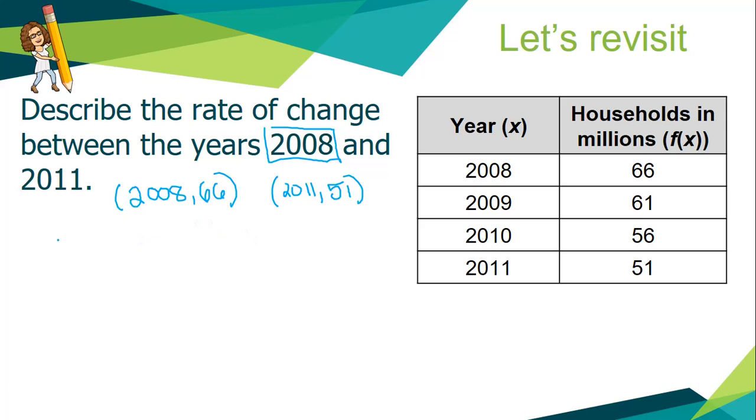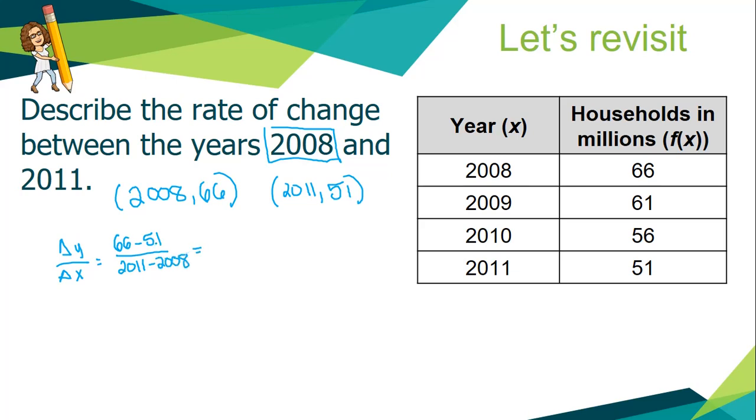So I'm going to use delta y over delta x, or change of y over change of x. So changes in y, well, to find a change, basically you're just subtracting, right? If I want to find the difference or the change of it, I'm going to subtract the two values.